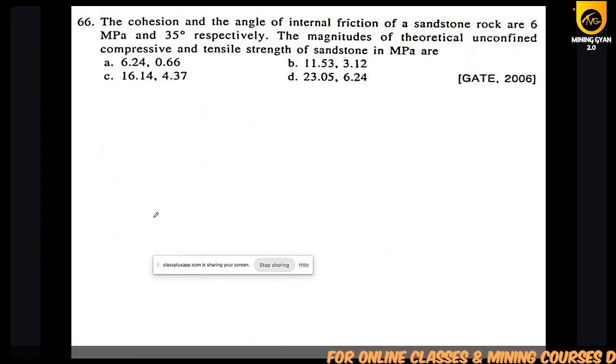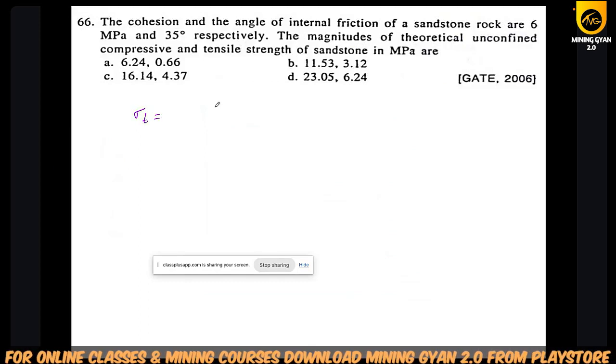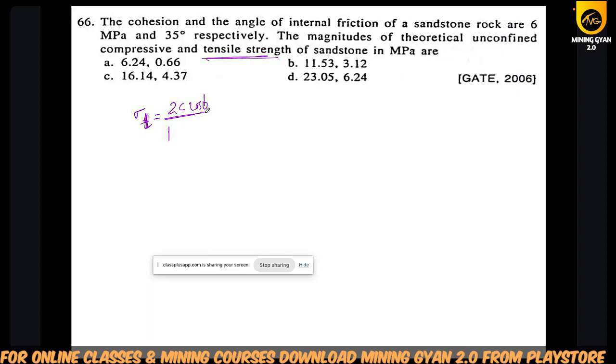In question 66, we have not discussed this formula. So you should also write down the compressive and tensile strength formulas on your A4 size paper. If he asks you the tensile strength, the uniaxial tensile strength, the formula is 2C cos phi divided by 1 plus sin phi.